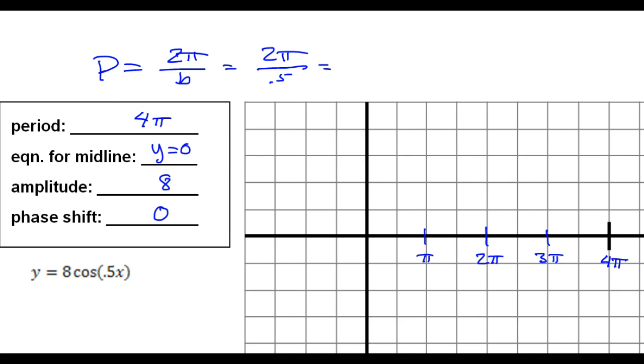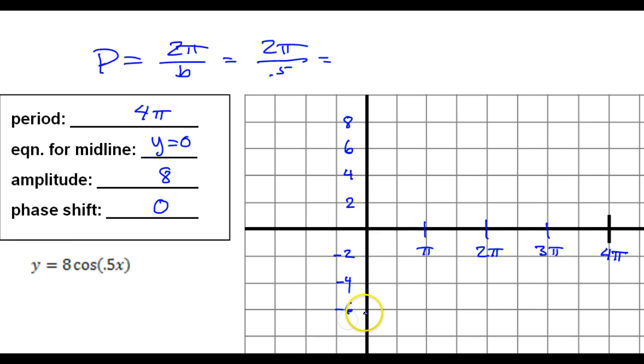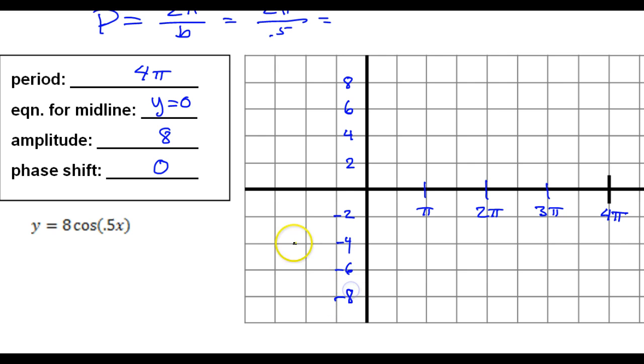Okay, so I'm going to change the scale on this so I can fit it on this graph right here. The amplitude is 8, so I need to be able to go up 8 and down 8. So I'm going to count by 2's here: 2, 4, 6, 8, and this will be -2, -4, -6, -8.